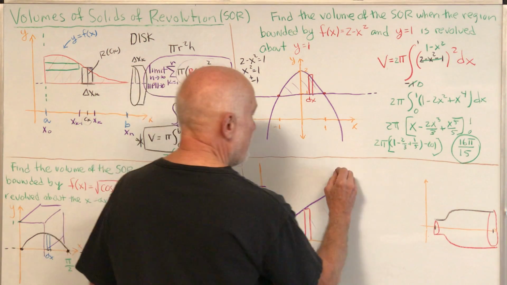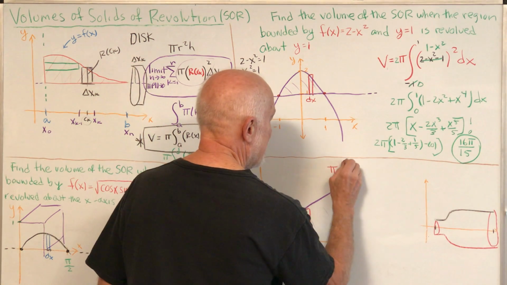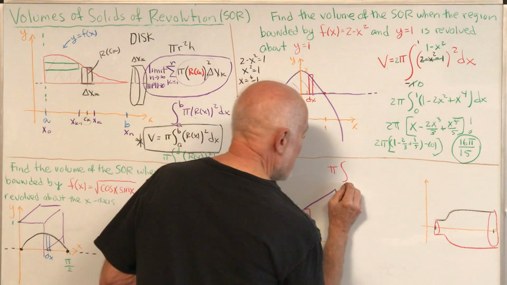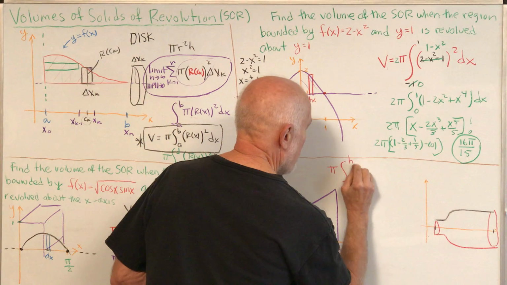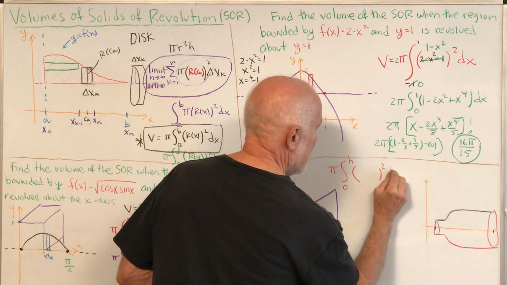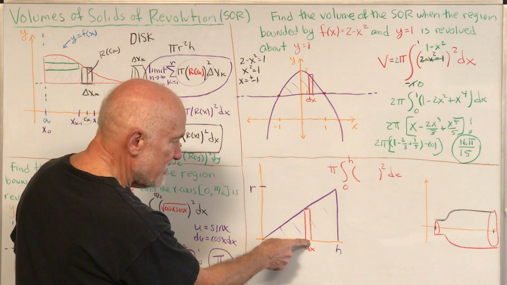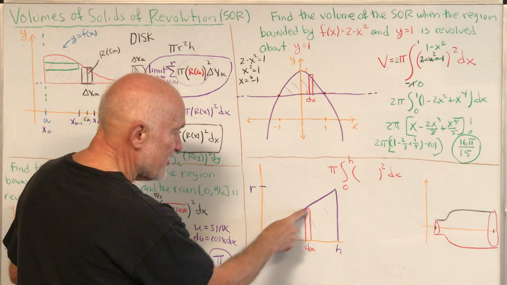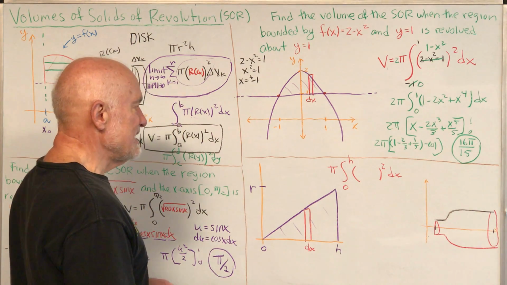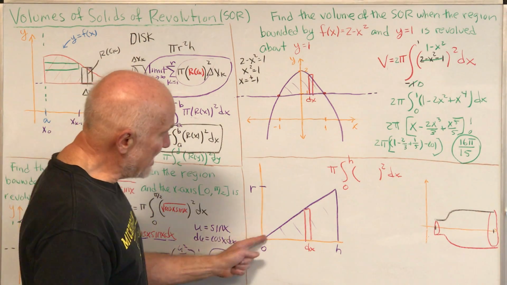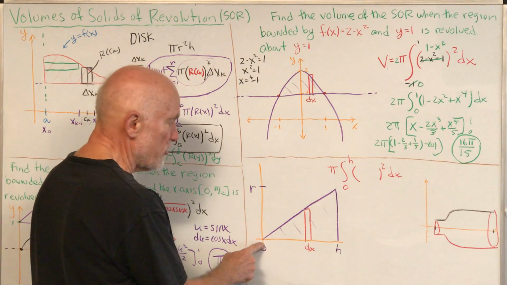So then we could write out our formula, pi integral from 0 to h, the radius squared dx. Now the radius is the y value on this function, but I didn't give you the function, so we can get it though because it's a straight line that goes through the origin.